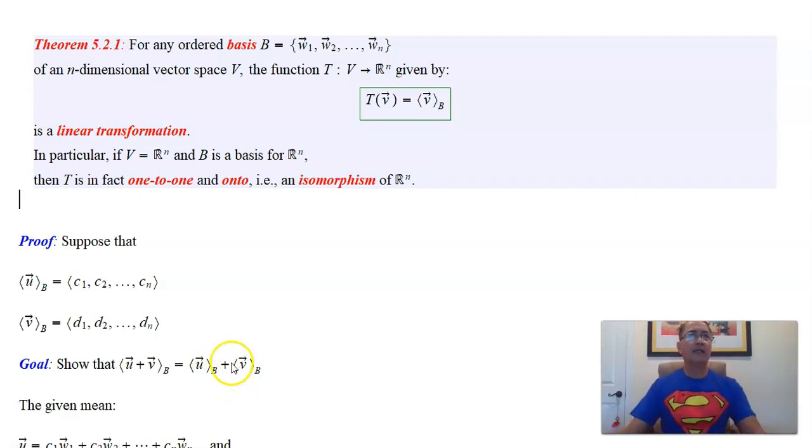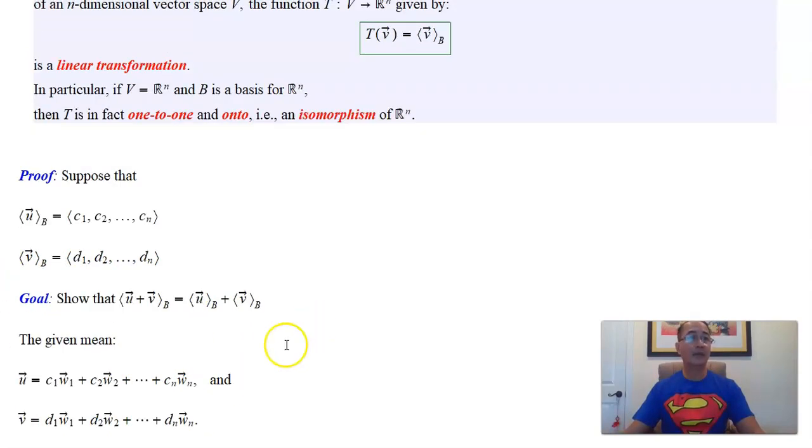But let's remember, what do these coordinates mean? They come from uniqueness of representation. So U can be expressed as C1W1 through CnWn because this is our basis, capital B. And similarly for V, you have D1W1 plus D2W2, and so on.